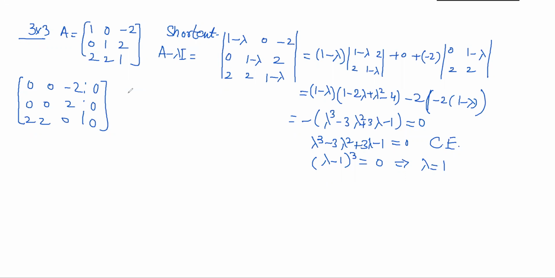If we take the first equation, with the components of u as u1, u2, u3, it is minus 2 u3 equal to 0, so u3 is equal to 0.